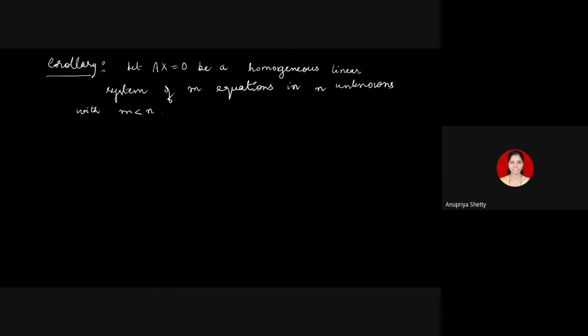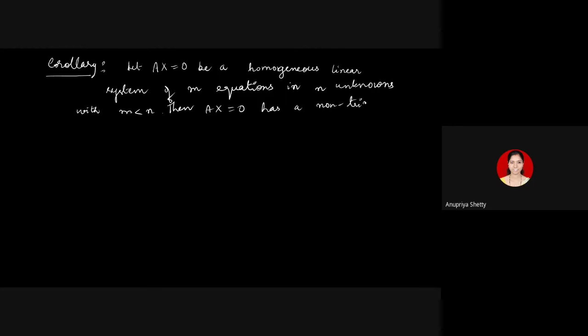Number of equations strictly less than the number of unknowns. Or if you are looking at the matrix A, number of rows in A is less than the number of columns. Number of rows is less than the number of columns. Then Ax equal to 0 has a non-trivial solution.